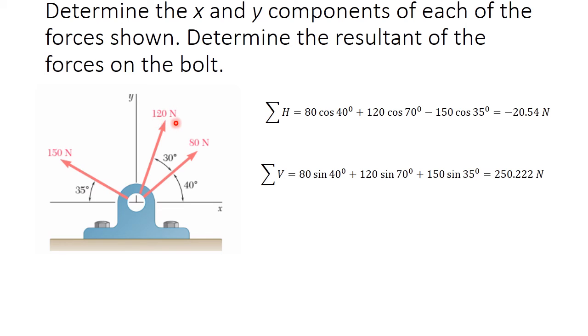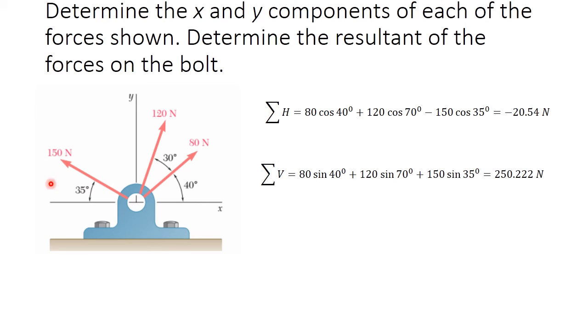It is acting in the same quadrant, the first quadrant, but 120 Newton makes 70 degrees with the horizontal line. Again, along the x axis it is directed towards the positive right side, and along y it is directed positive upward. So both are positive. Which one is the cos component? The horizontal will be the cos component because it makes 70 degrees with the horizontal. So 120 cos 70, and the y will be 120 sin 70.